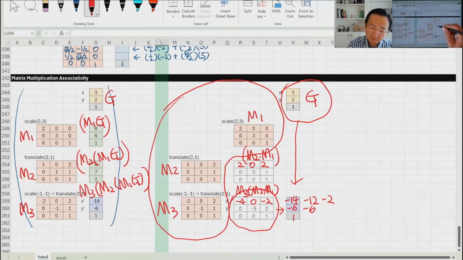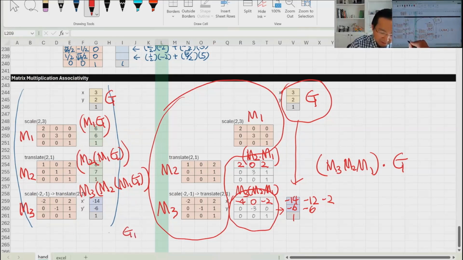But what is different is the order of operations: we have this combined matrix, and then times G. So we pre-multiply these 3 matrices, and then we multiply by G, whereas before we multiplied one by one. We get the same result. The reason we do this is that we can save computation. You can't really see it in this example, but we're going to see it in the next slide.